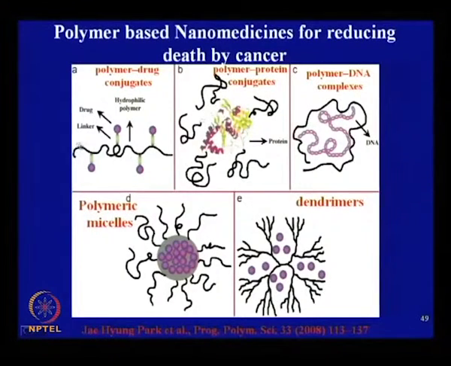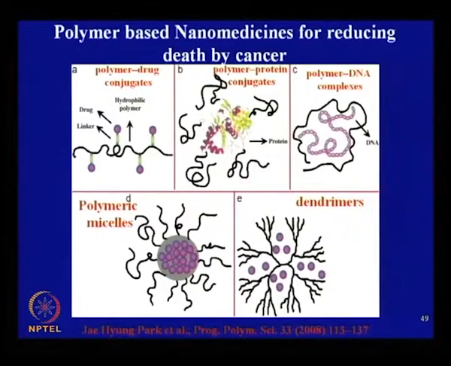What will happen if this system reaches there? This linker will be broken, releasing the drug. In other parts of the body, that linker will remain stable, but in the affected site this linker will be broken and the drug will be released. So, this is the concept.